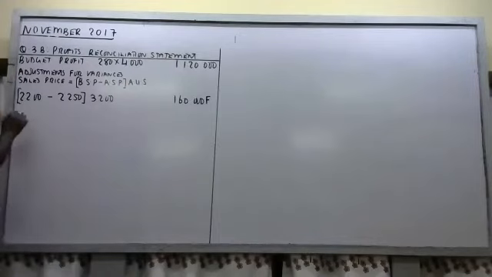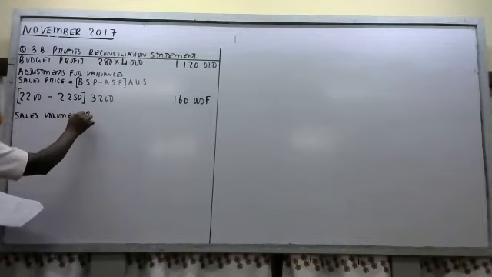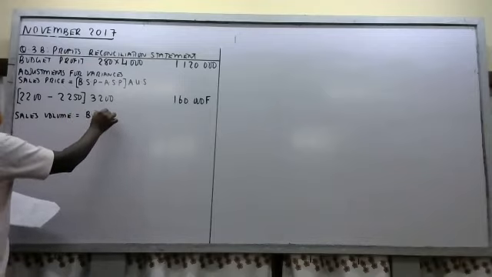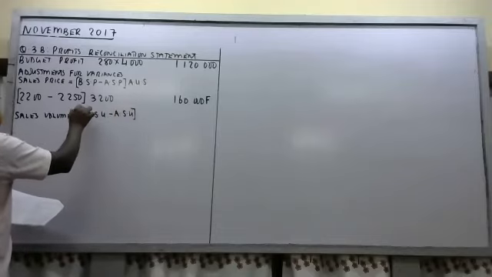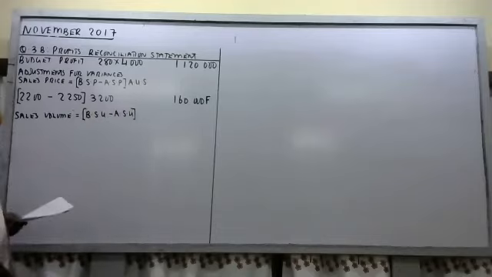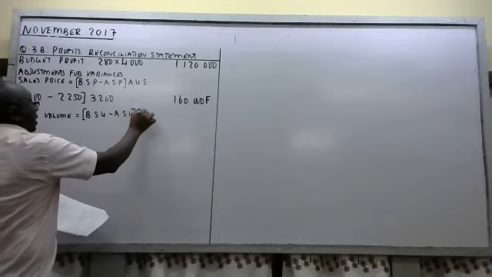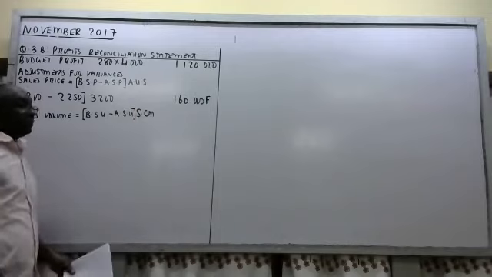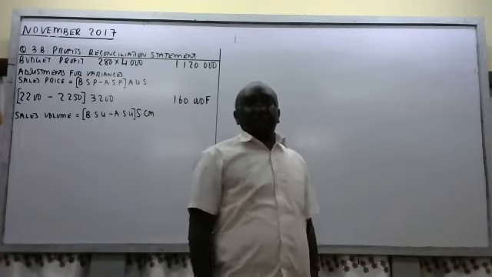The next one we said is called sales volume. And sales volume, we say it is given as budget sales units minus actual sales units, multiplied by standard contribution margin.